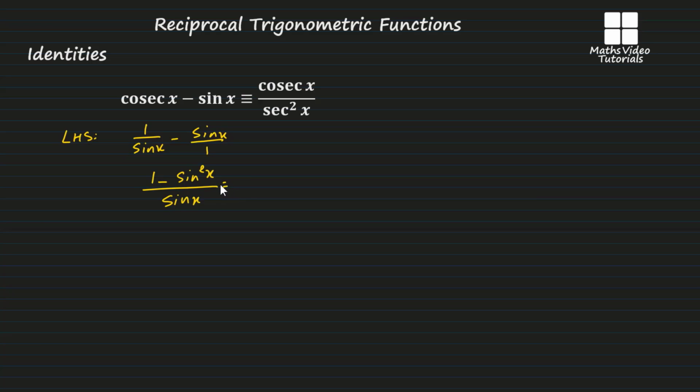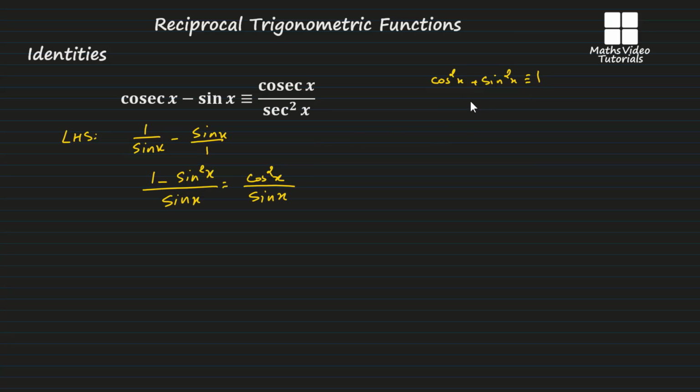Now we know the Pythagorean identity. 1 minus sine squared is cos squared over sine x. This one you don't need to prove at this stage. You just use it. Cos squared x plus sine squared x identical to 1. That's the one I used.